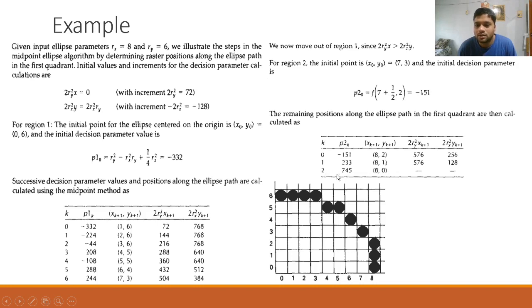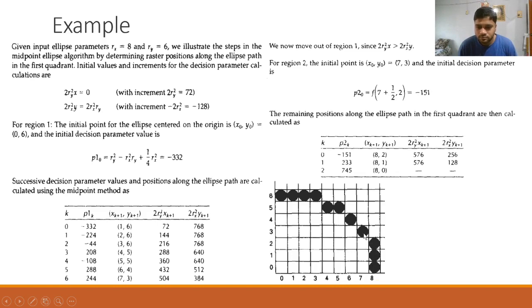In the third iteration, k value 2, p2k is 745, and we are again not going to increment x, only decrement y. At every point we will keep checking this particular condition.